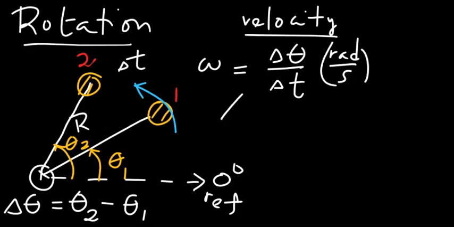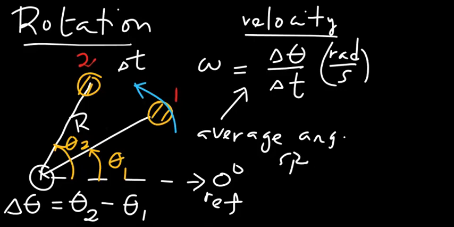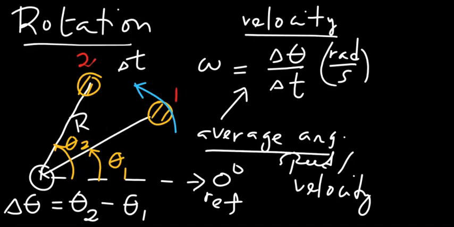Now we note that this is an equation for average angular speed or angular velocity. It is an average value for angular speed or angular velocity for that given time interval, say between t equals 1 second to t equals 3 seconds.